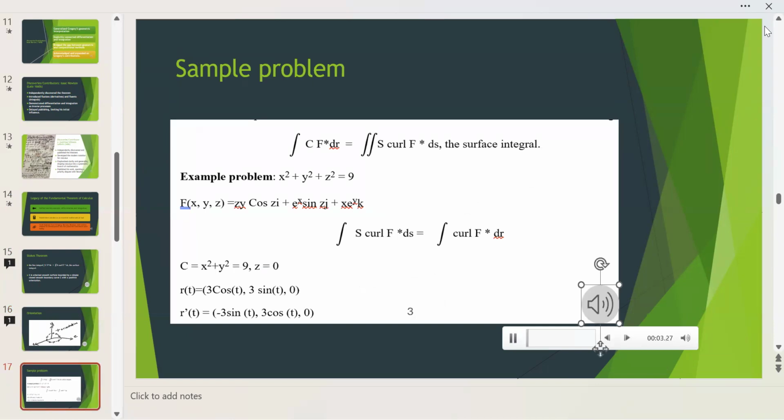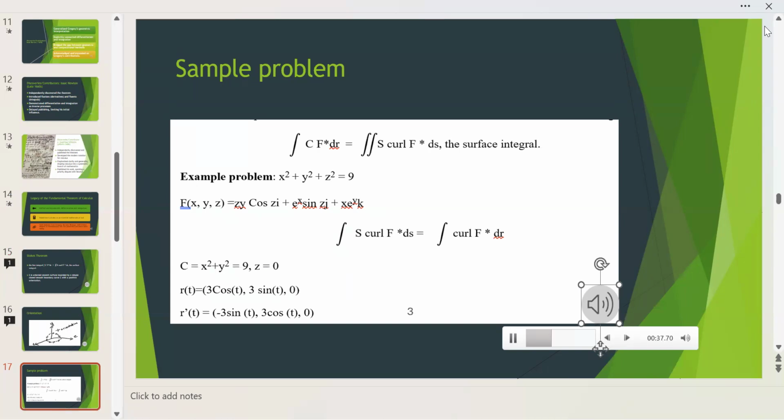Okay, so in this example problem, I'm going to do x squared plus y squared plus z squared equals 9. The first thing we do is take the vector field F of x, y, and z, which is equivalent to z times y cosine z i plus x e sine z j plus x e to the y k.